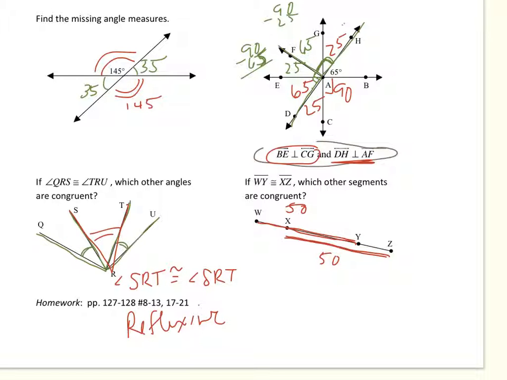If we know the whole measure is 50, I can say this middle section, XY, is the same distance for both WY and YZ. So if I said that's 30, then this would have to be 20, and this would have to be 20. But the reason I'm doing this is because I need to be able to say that XY is congruent to XY by the reflexive property.